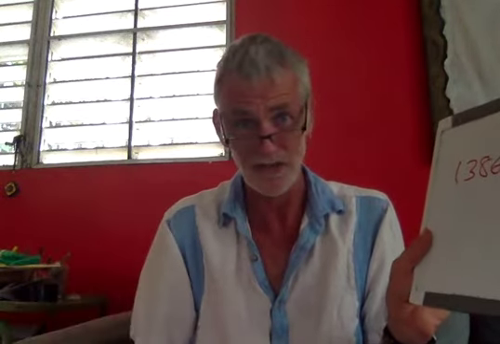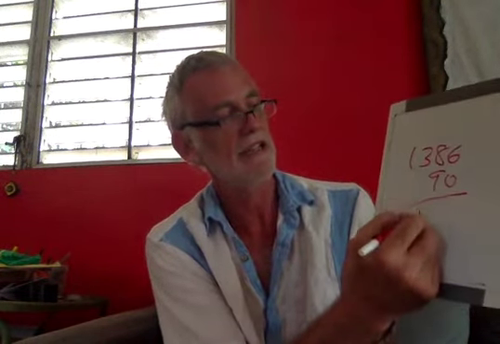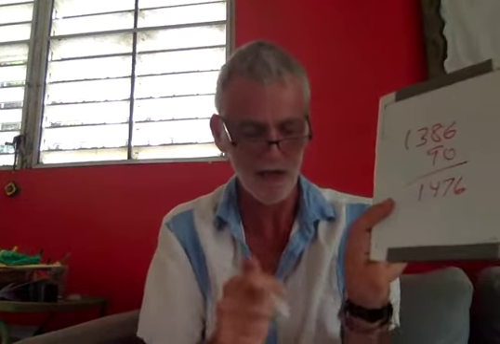I'm going to multiply the 2 times the 5 and get 10, multiply that by 9 to get 90. So I just have to add 90 to this. And my answer is going to be 1,476 cubic centimeters. Cubic. You notice, this is something that we haven't talked about.